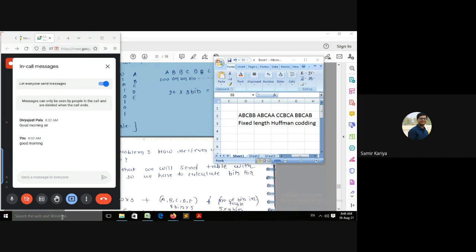So you require two bits for each and every character. There are 3 characters, so we require only 2-bit combinations. Something like 00 for capital A, 01 for capital B, 10 for capital C.